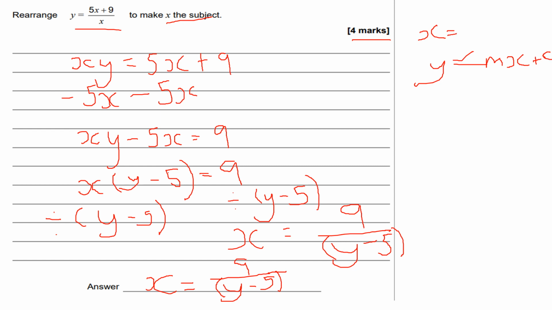You would subtract c and then divide by m to work out what x is. But this one here is higher tier only, whereas the other rearranging formulae are crossover topics. And the first question, the nth term, is again a crossover topic for higher and foundation. So hopefully that makes sense.